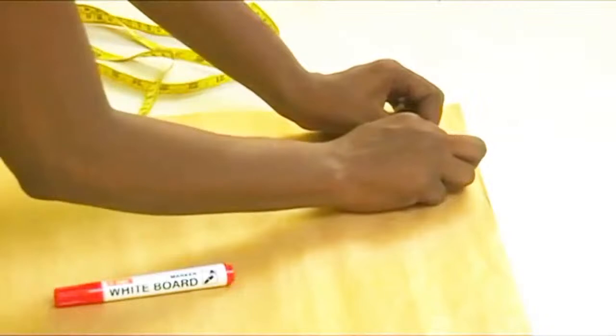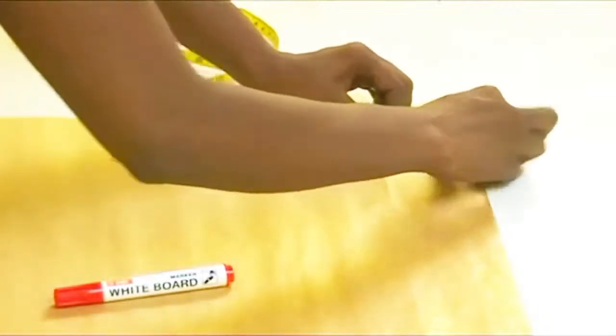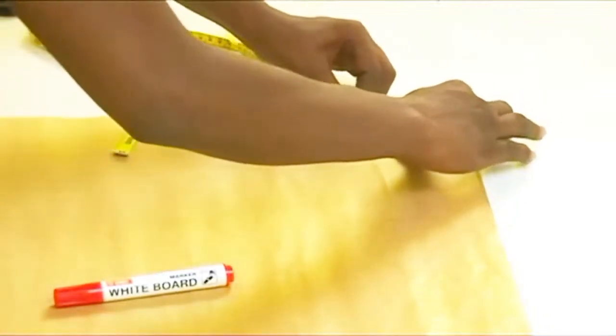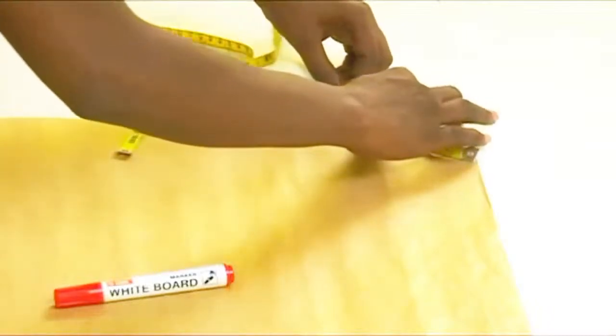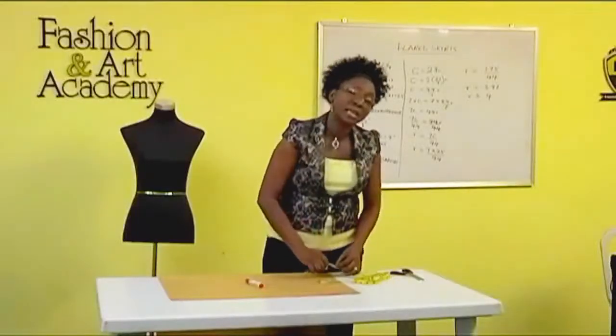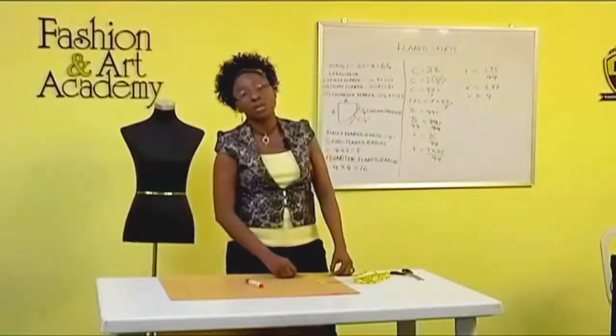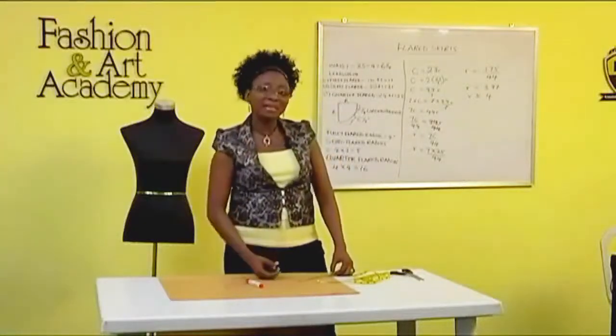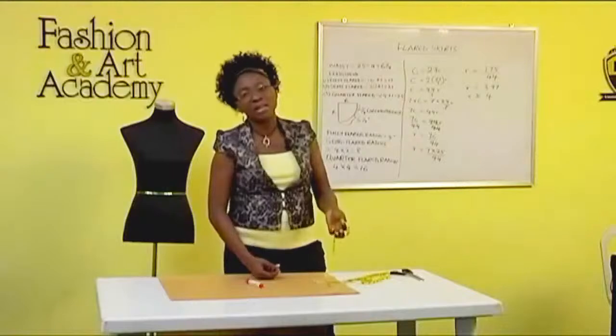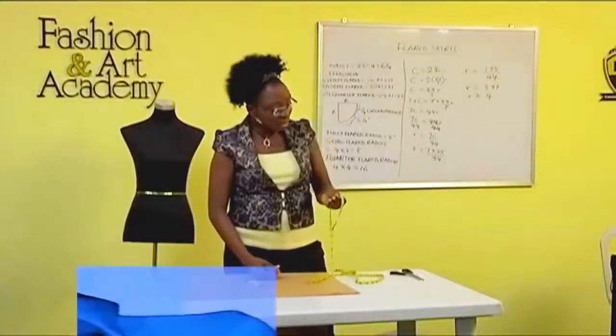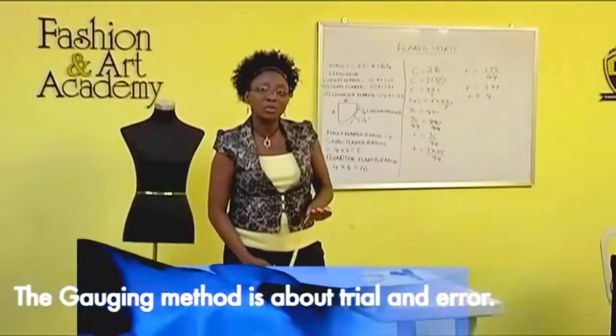So I'll check that. Wow, what I have here is 6 1/8. At least I'm close to what I'm looking for. You can see how hectic it is to keep on trying out the gauging method. But we're close to home. What we have is 6 1/8.